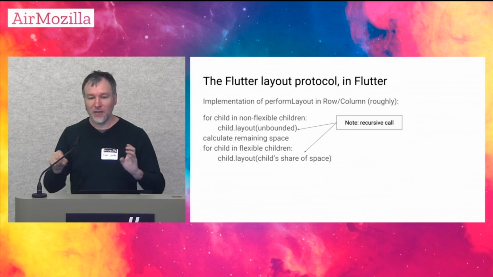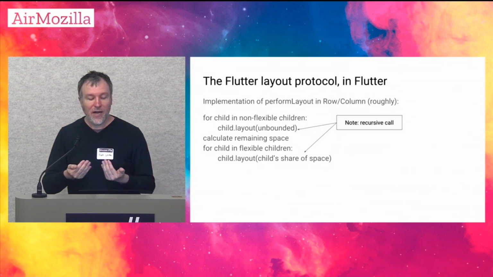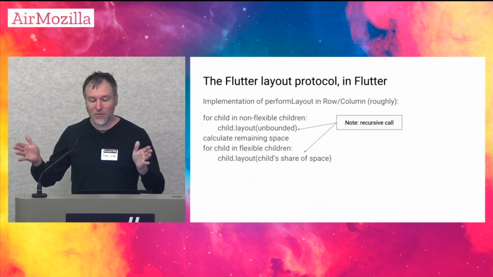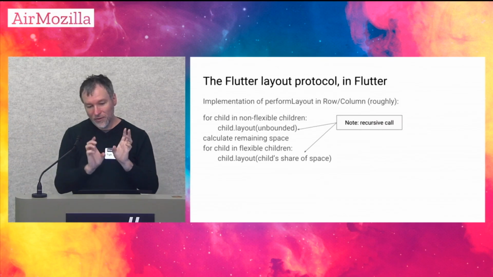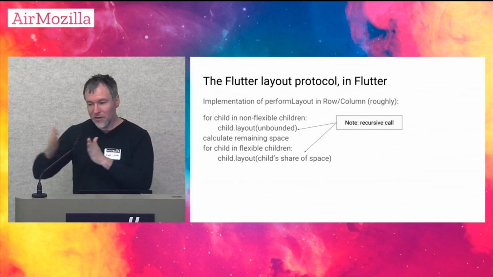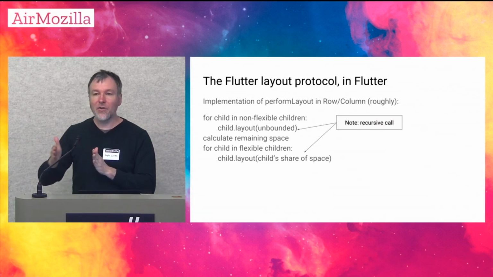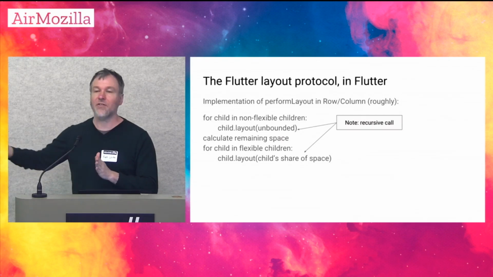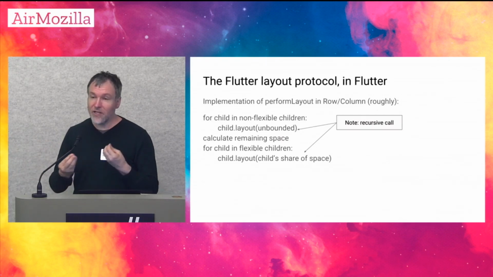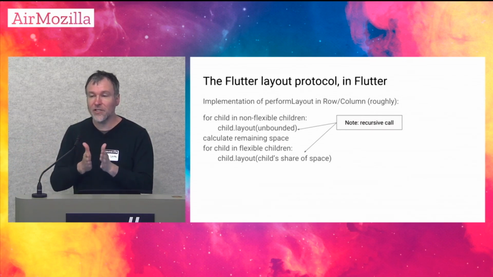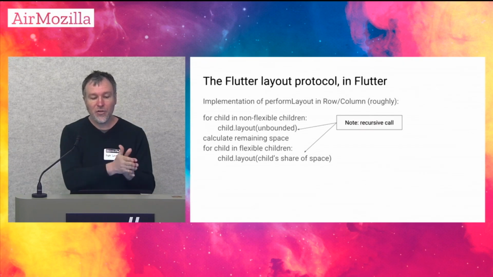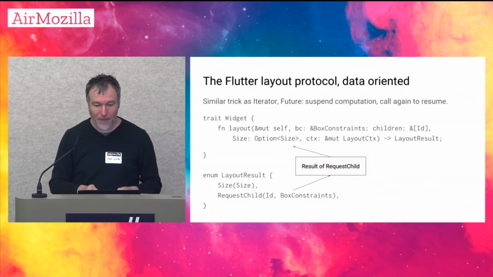Don't give them a bound. Let them tell you any width they want. Then you get those widths, and you compute, how much space do I have left over? I've got this width, the non-flexible children have these widths, this width is left over, and then you proportion that out to your flexible children. So it depends which children are flexible and which are not, and that might be dynamic. So that needs to control the traversal, so that you do your non-flexible children first.